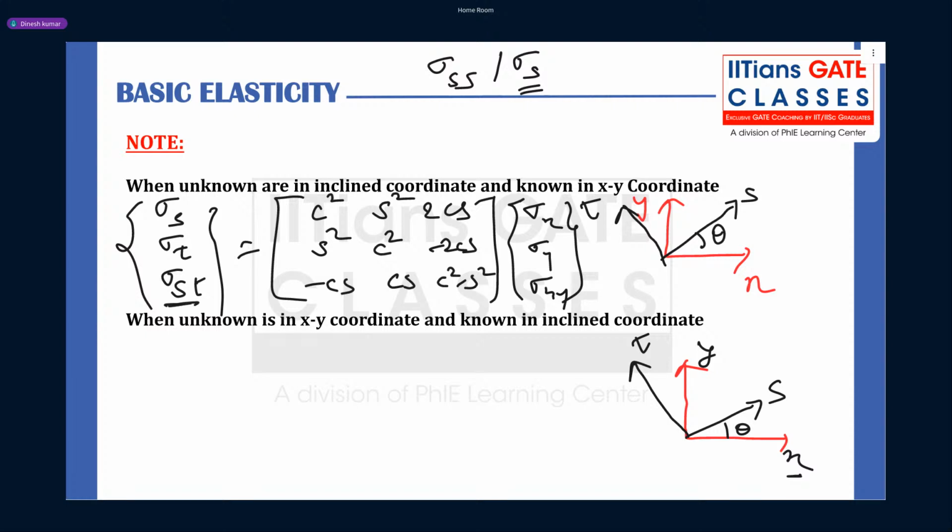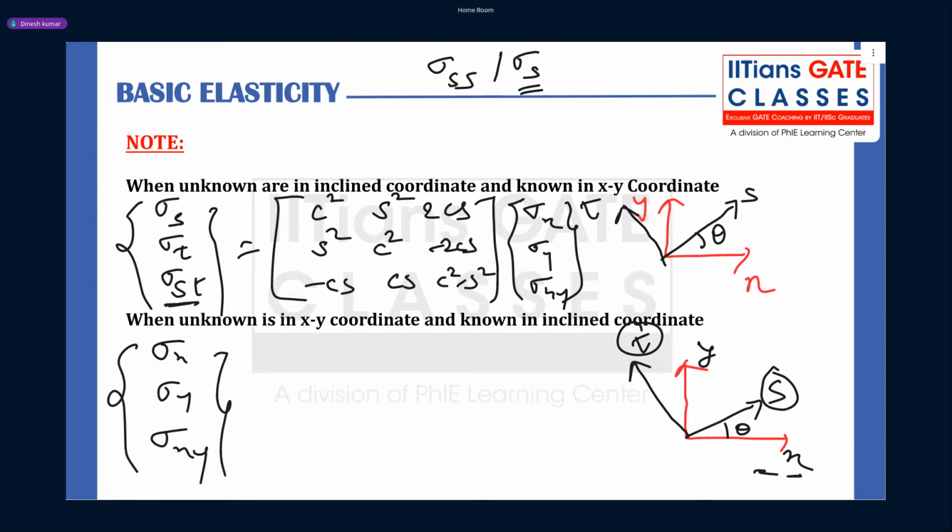Now guys, in the second case, my sigma S is known, my sigma T is known, my tau ST is known. So what is unknown in that case? Your unknown is sigma x, sigma y, and sigma xy.